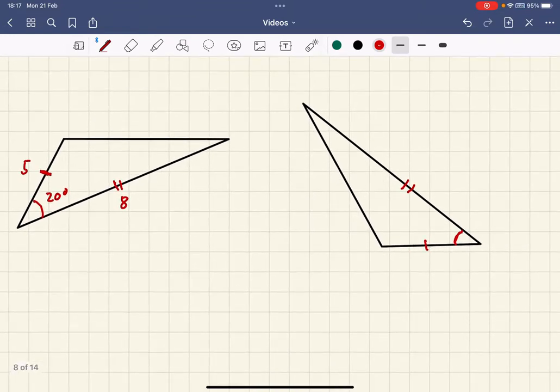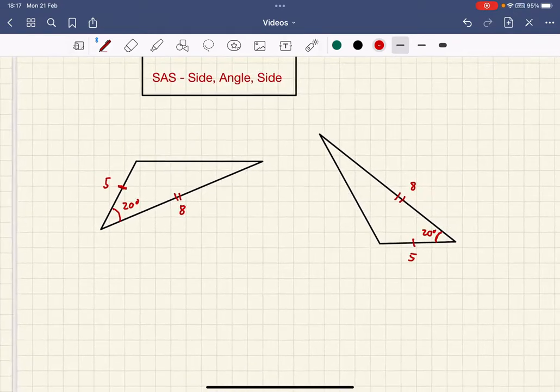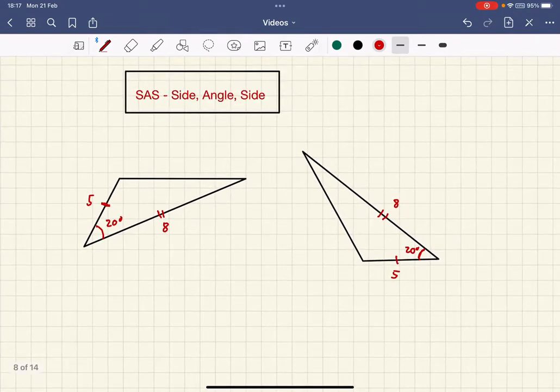So we'd have the same here, 5 and 8, and the angle squeezed between them would also have to be 20, and then these two triangles would also be exactly the same shape, so they would also be congruent. So that's SAS, and the order matters, of course: side, angle, side.